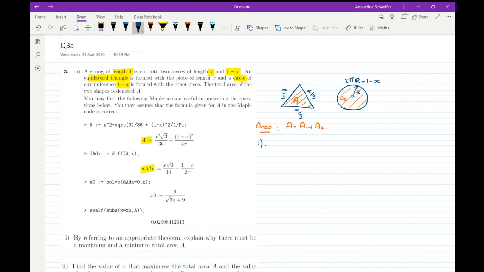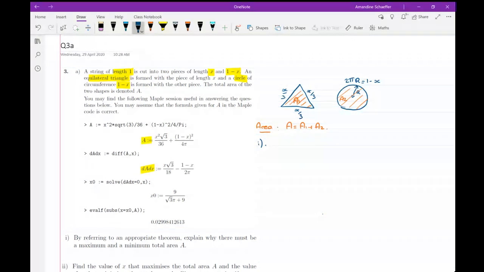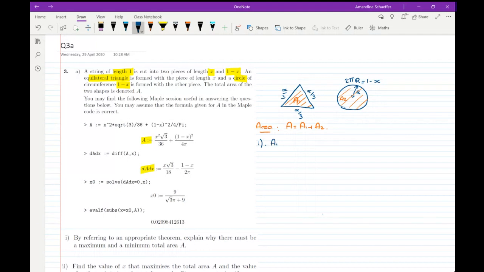So let's find this area. Let's have a look at A1, the area of the triangle. A1 is going to be 1/2 of base times height.